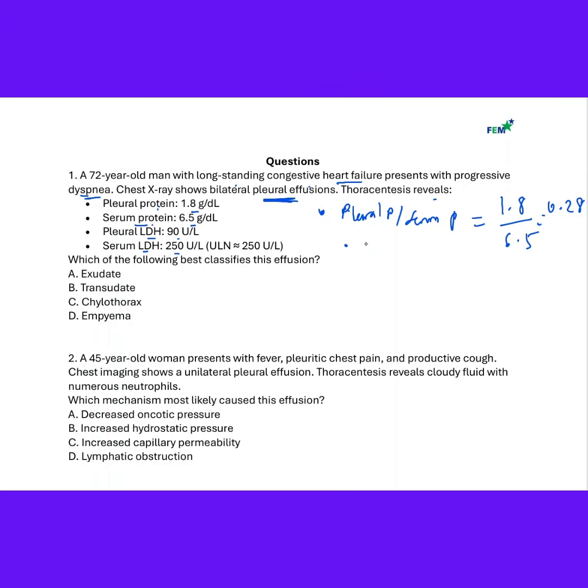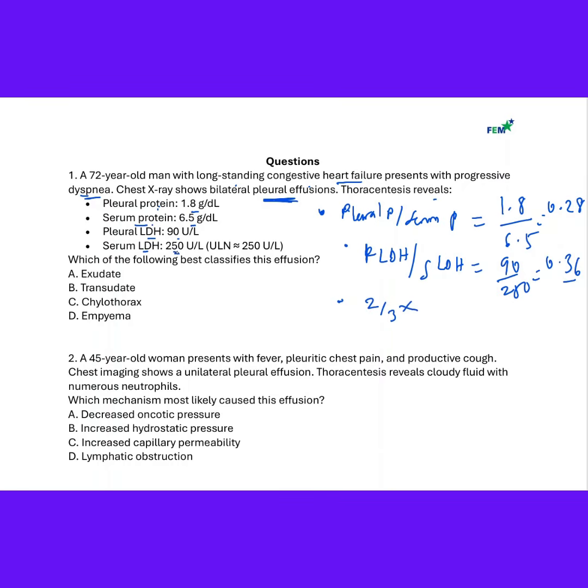So we look at the pleural LDH to our serum LDH. That will be 90 over 250, and this is 0.36. This also does not meet what? Light's criteria. And the last one, we look at 2/3 of the serum LDH.